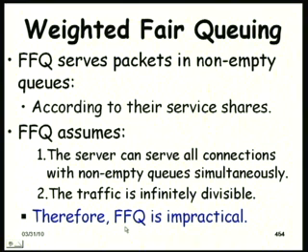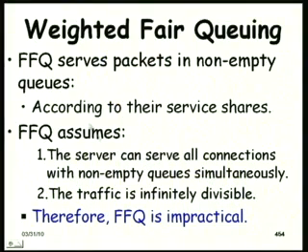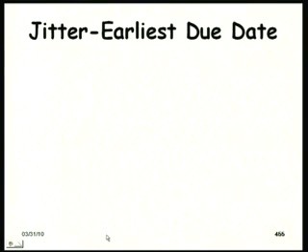So, the FFQ in its exact spirit is impractical, because it is based on fluid transmission. Data is discrete, it is not really a fluid. But of course, with an approximation we can implement the FFQ.